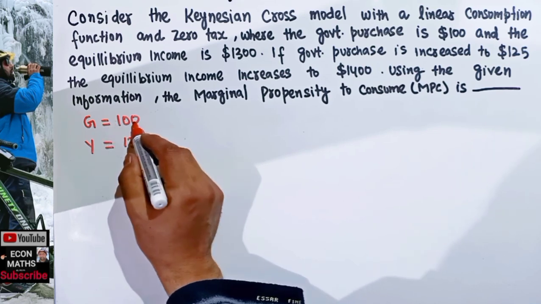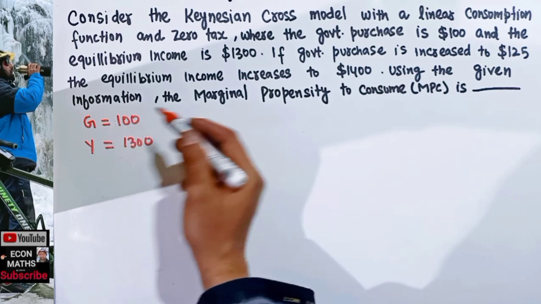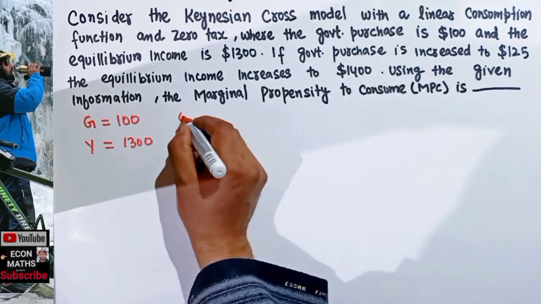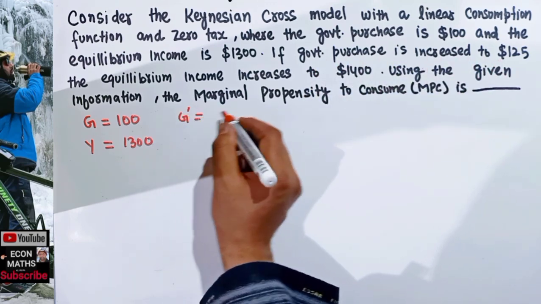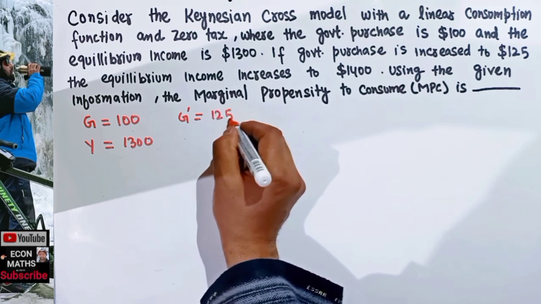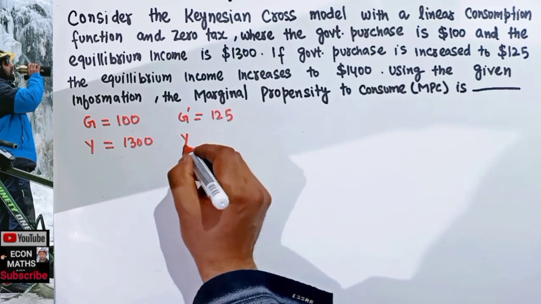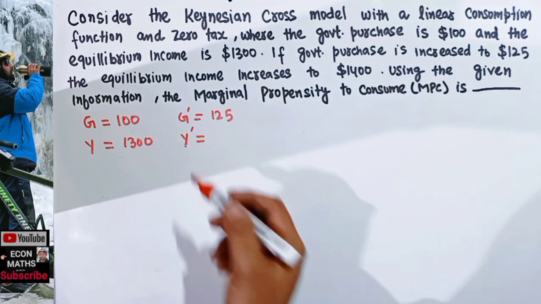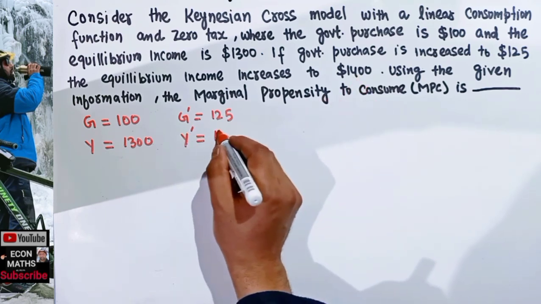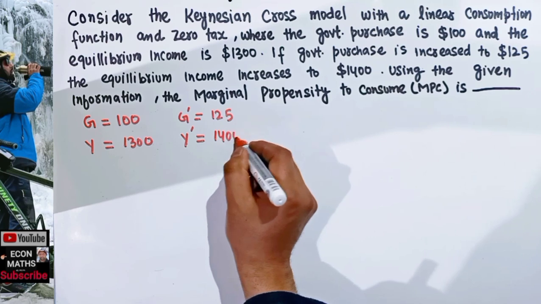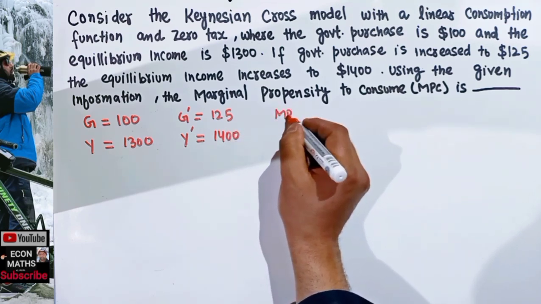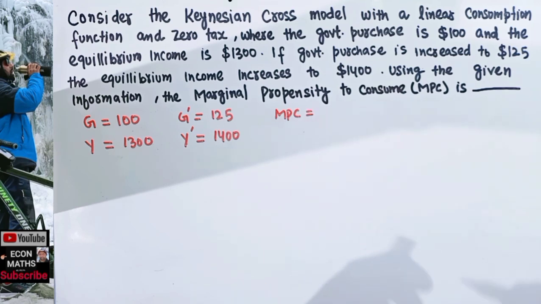After government expenditure increases to 125, let us denote it by G dash, when it increases to $125, the equilibrium income, let's denote by Y dash, is $1,400. We need to find out the MPC, that is marginal propensity to consume.